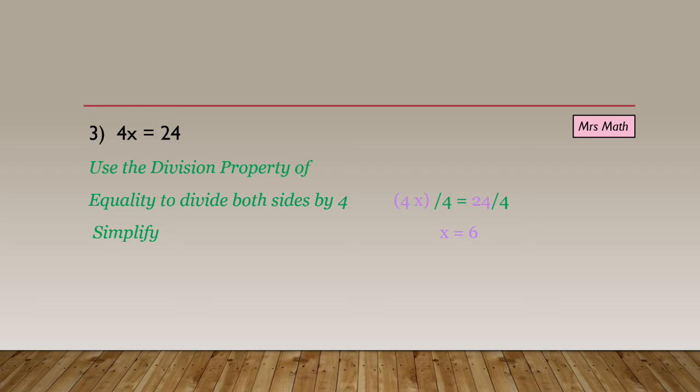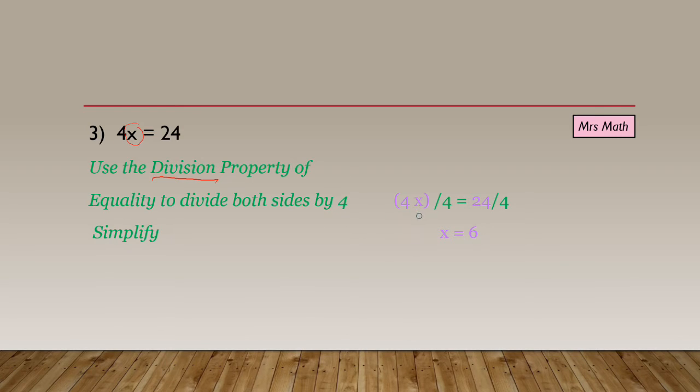Another example is 4x equals 24. 4x means 4 multiplied by x. Again, to isolate the x, we use the inverse operation of multiplication, which is division. So you use the division property of equality to divide both sides by 4.